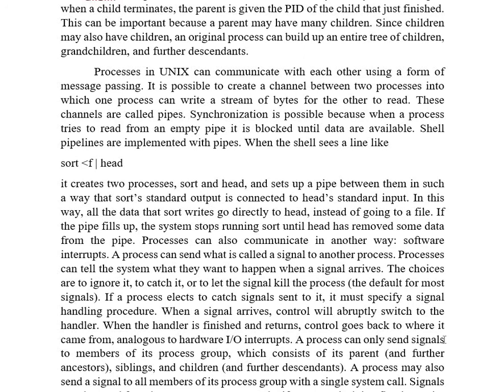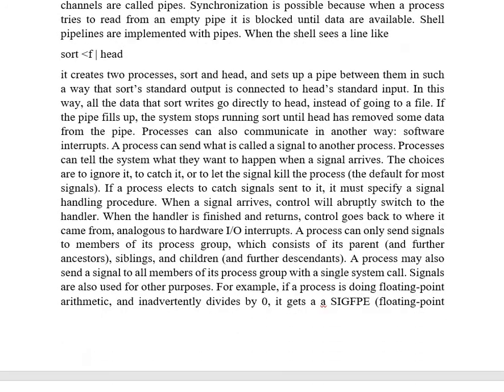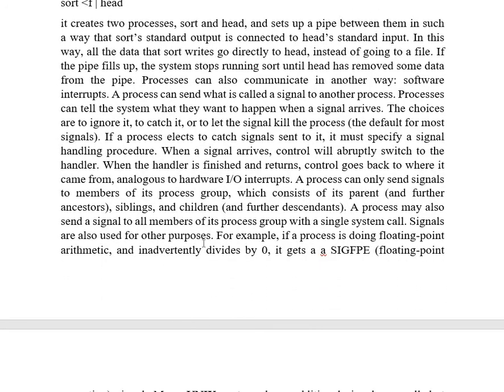A process can only send signals to members of its process group, which consists of its parent, siblings, and children. A process may also send a signal to all the members of its process group with a single system call. Signals are also used for other purposes.